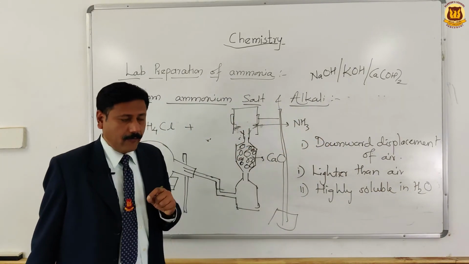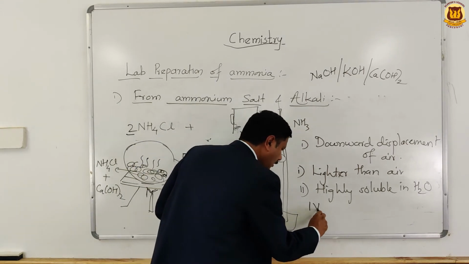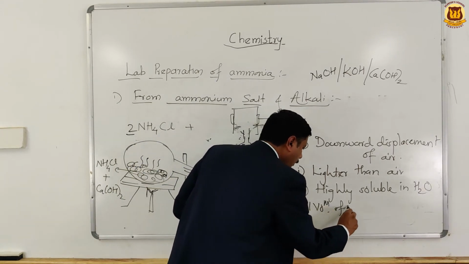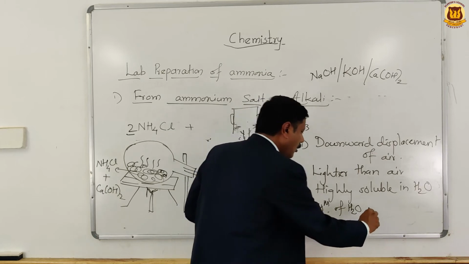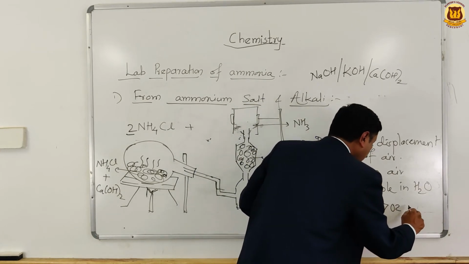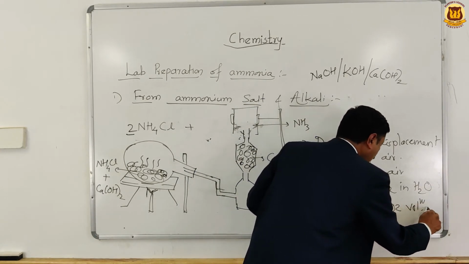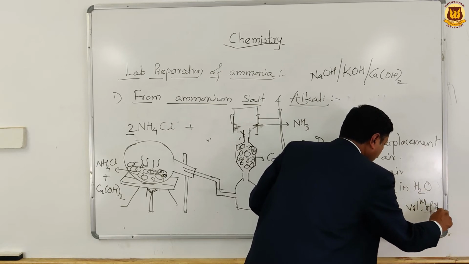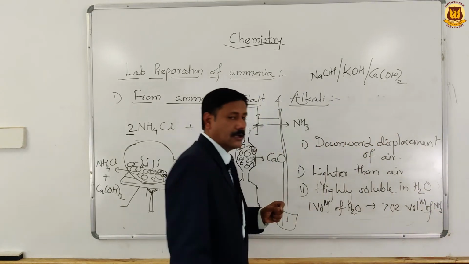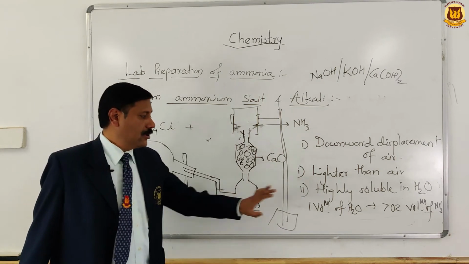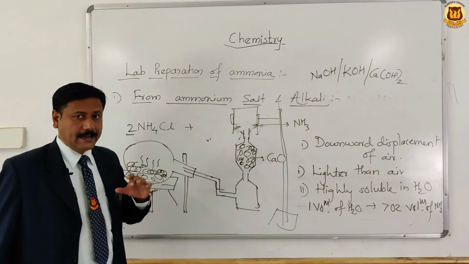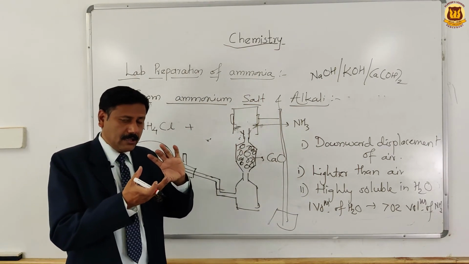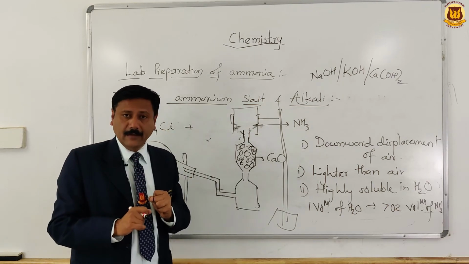You know, one volume of water absorbs 702 volumes of ammonia. So ammonia is highly soluble in water. That is why it is collected by keeping the gas jar upside down, inverted.